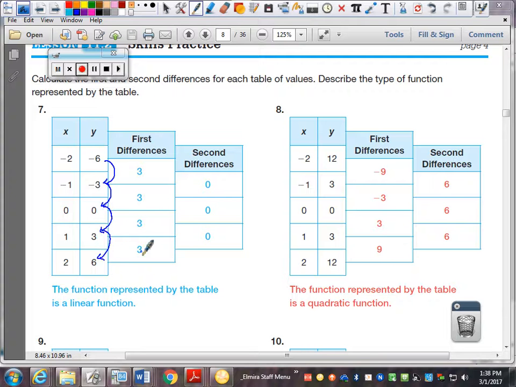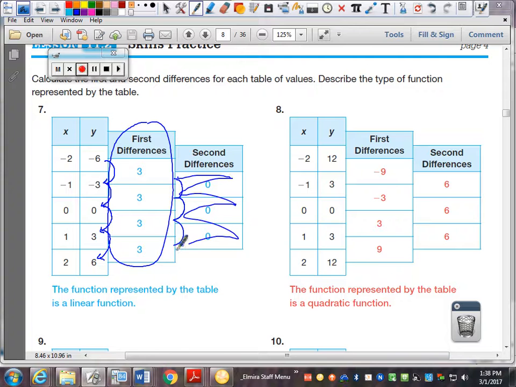In fact, we're going up by 3 every time, and it worked on the first try. They show doing it again, like 3 minus 3 is 0, 3 plus 0 is 3, 3 plus 0 is 3. What you're really looking for is, does the difference come out the same number every time? If it is, that's going to be a linear function.